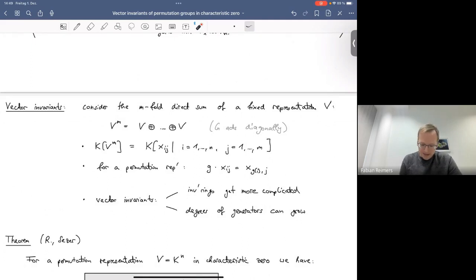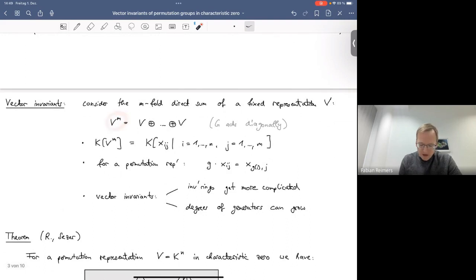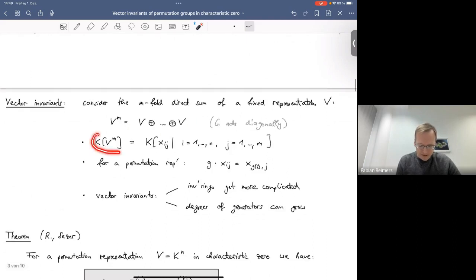So for some non-negative integer m, we have this representation, the direct sum of V with itself, and then of course G acts diagonally. So now the coordinate ring, the polynomial ring where we also have the G action, would be something like this, and of course we have to use double indices here.